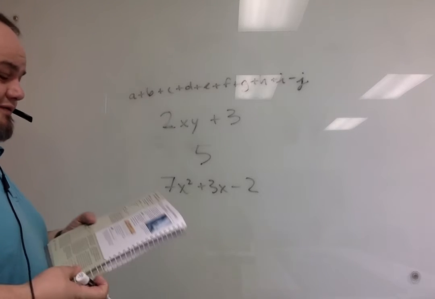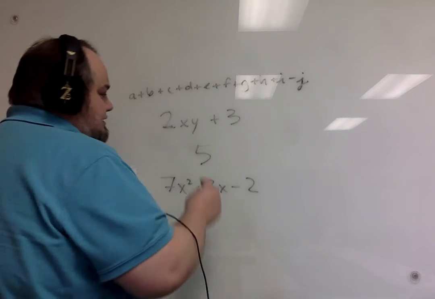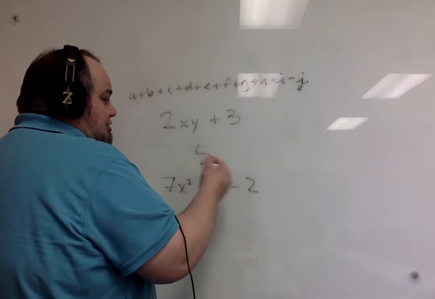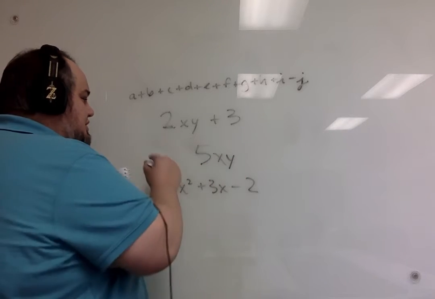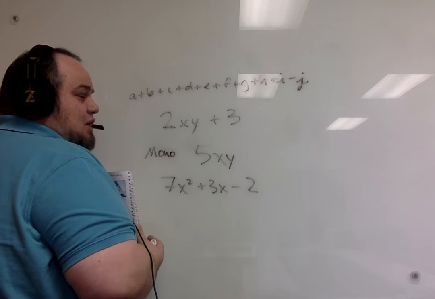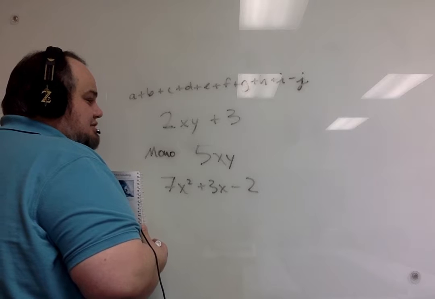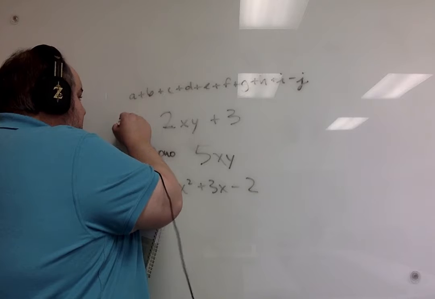So we have special polynomials that are named. This one here, if it just has one term, like 5 or maybe 5xy, that's a monomial. Mono means one. So a monomial has one term. Remember, terms are separated by plus or minus signs. Then a binomial would be this one.